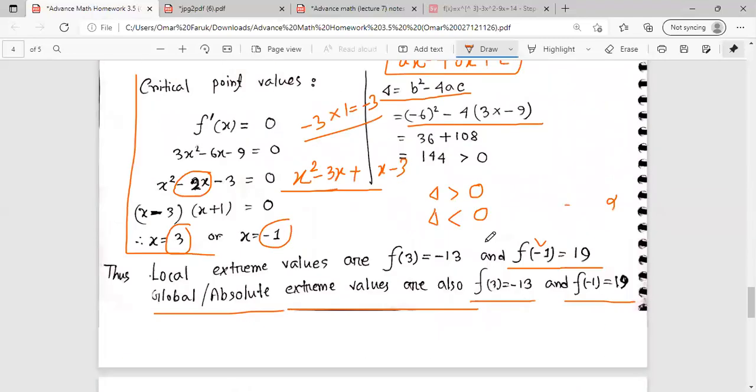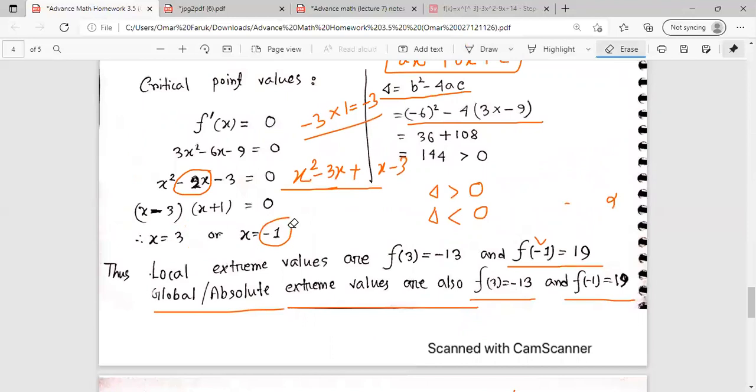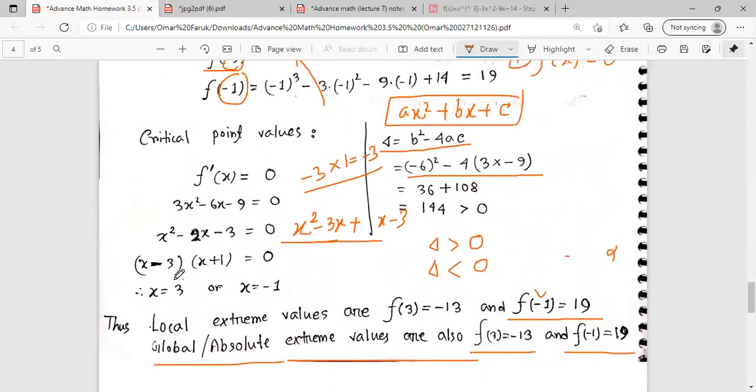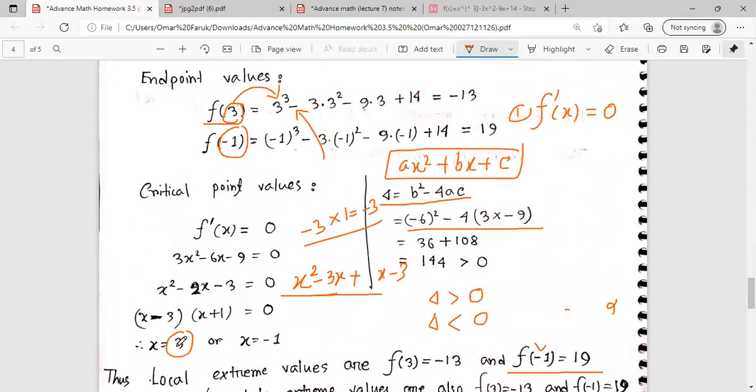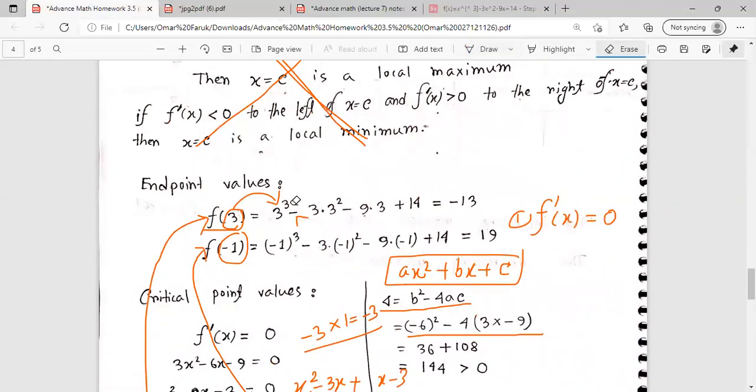Now you just substitute x equal to 3 in the main function, and then again substitute minus 1 in the main function. If I substitute these two critical values in the main function, then I get minus 13 and 19.